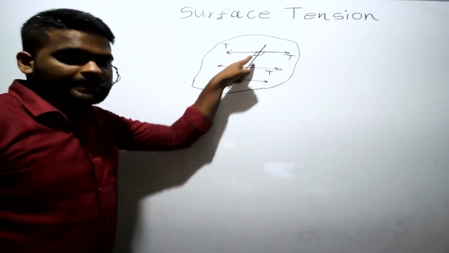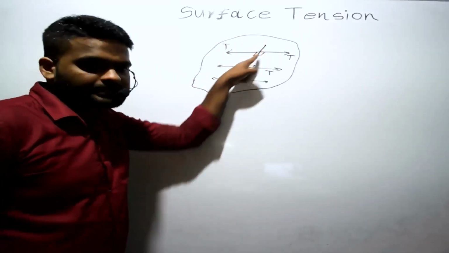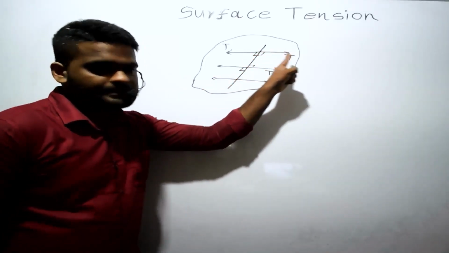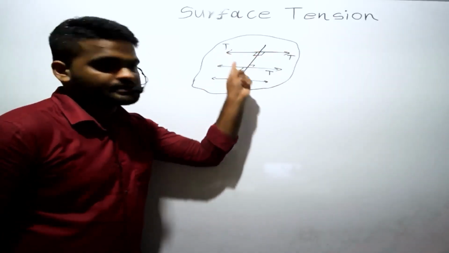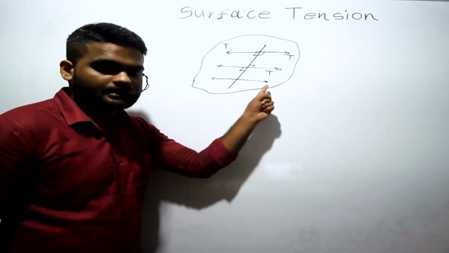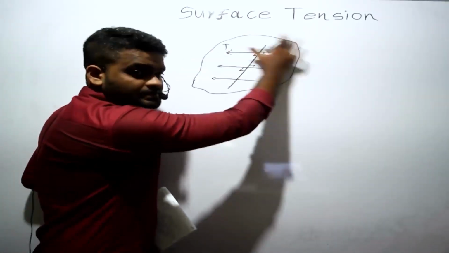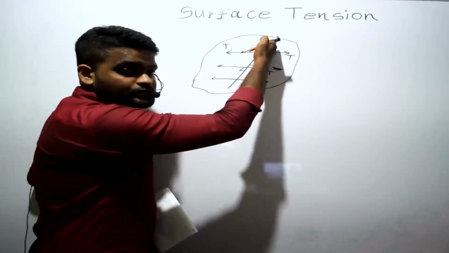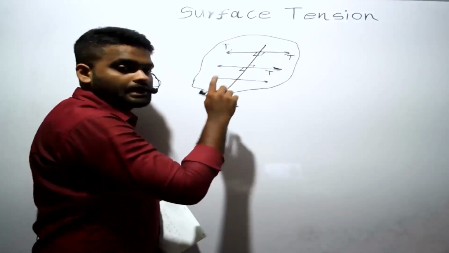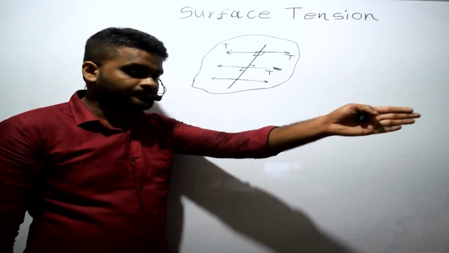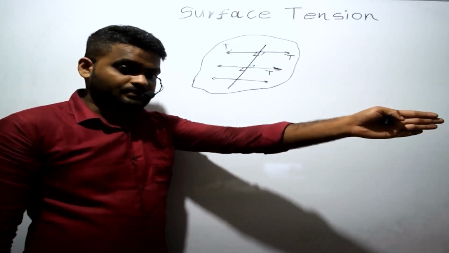If you draw an imaginary line on a liquid surface, perpendicular to that line there are surface tension forces like this. Okay? This is a liquid surface, and you can draw any line you want. These are not actual lines, right?